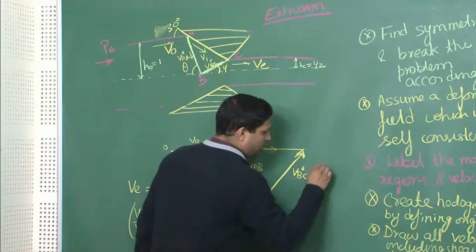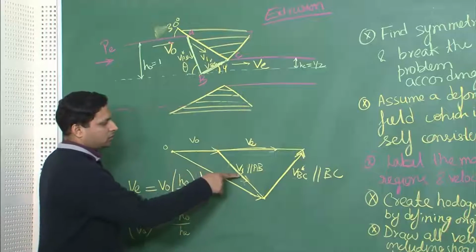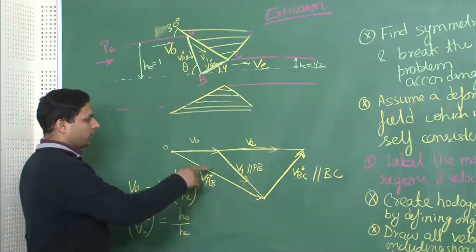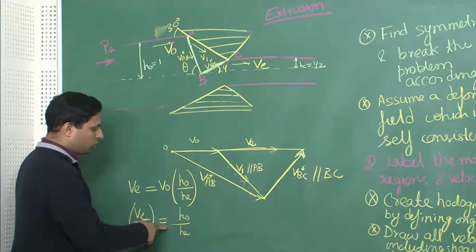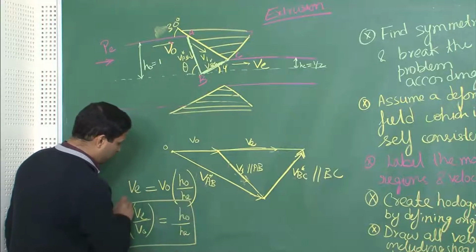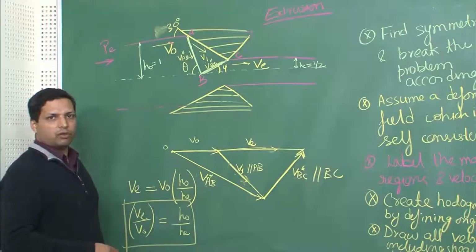Similarly, VBC may not have come parallel to BC. If you draw it exactly the way we are supposed to, then you would see that this ratio indeed holds. So, this will hold true, and that will be a cross check that your hodograph is drawn right.